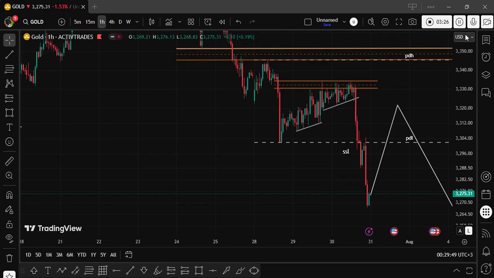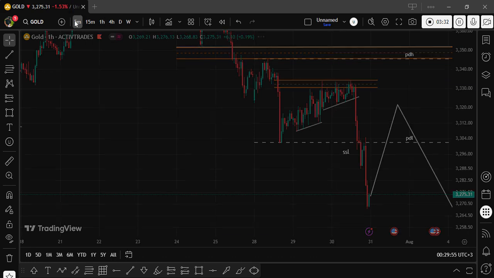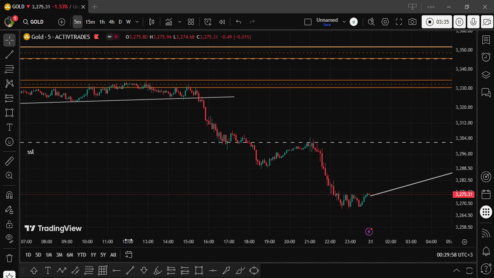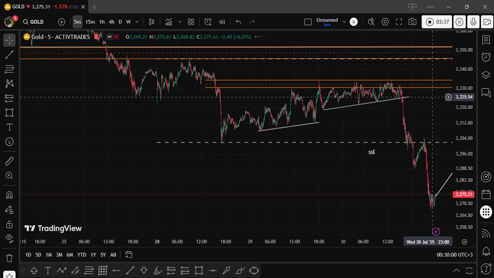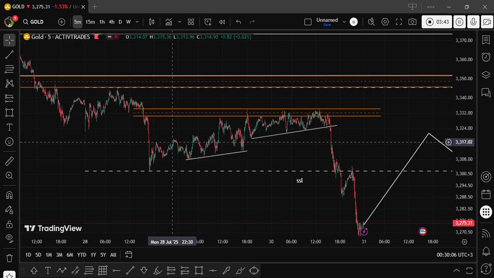when price actually came to this fair value gap, I moved on to the 5 minutes time frame. If you can see, I moved on to the 5 minutes time frame. Price was forming higher highs and higher lows.